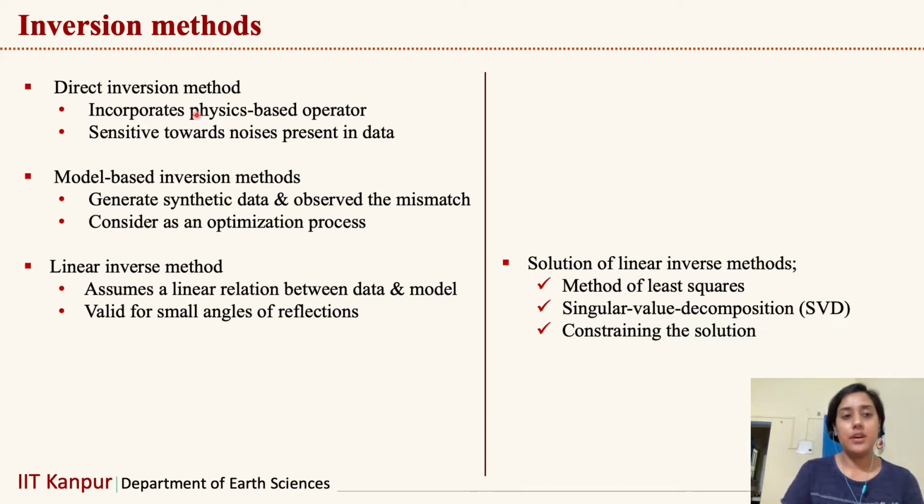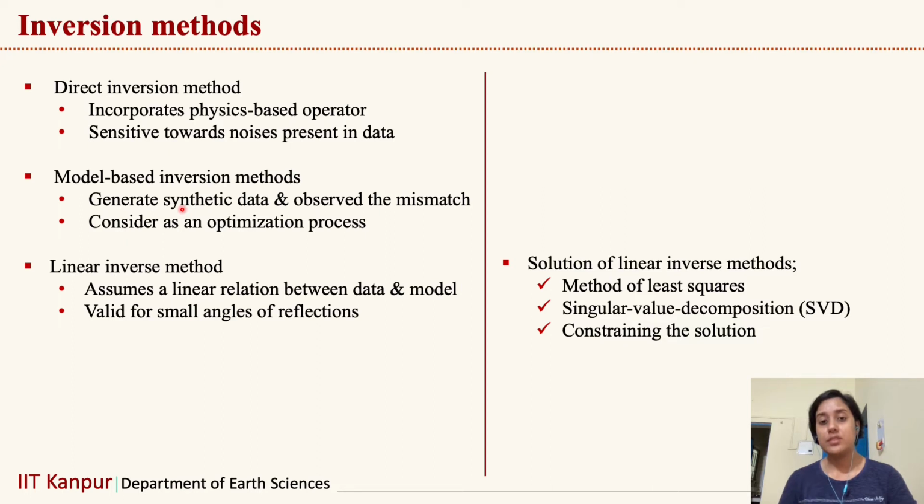To counter the effect of this deleterious noise in advance is very difficult to achieve. So that's why there is another scheme available for inversion, called the model-based inversion method. Here we first assume one initial model of our earth, then we apply the forward model and generate synthetic data. Then we compare and see the mismatch between our observed data and the synthetic data.